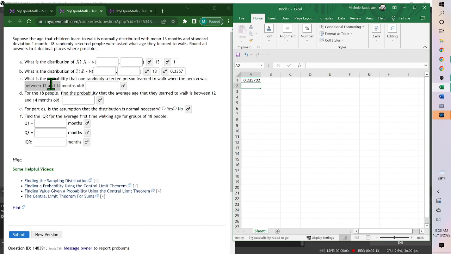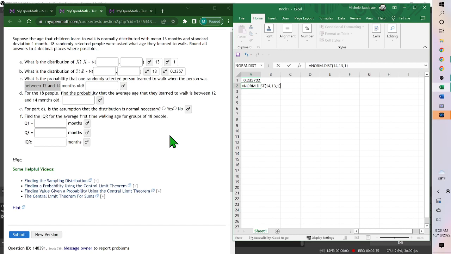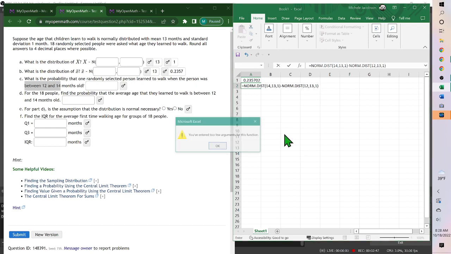Because it doesn't say a sample, you use part A for the mean and standard deviation. So equals norm distribution. And we'll do the larger one first, 14, comma, the mean and standard deviation. Now, if you want, you could do it at the same time. So then minus norm and the lower value, 12, comma, 13, comma, 1.